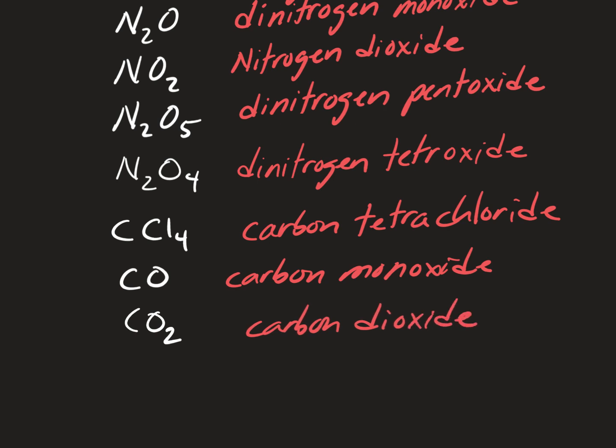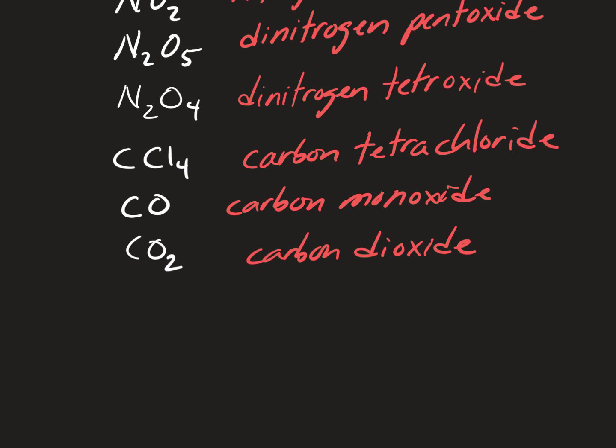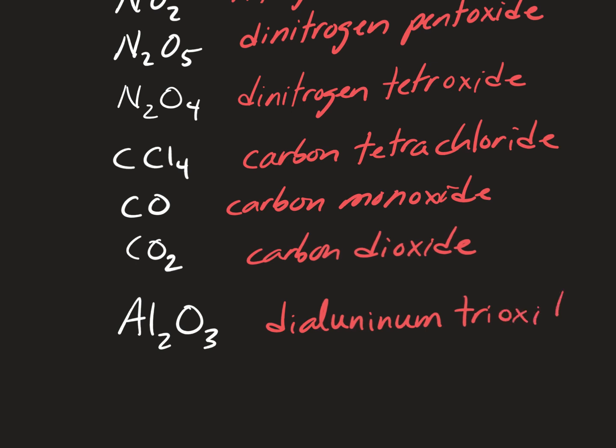Okay? All right, one last one, and I'm doing this on purpose because I know that you're really comfortable with what you're seeing right now, and you're like, yeah, this is the easiest thing I've ever seen in my life. Okay, what about this? Aluminum. Okay, you might be tempted to call this di-aluminum trioxide.